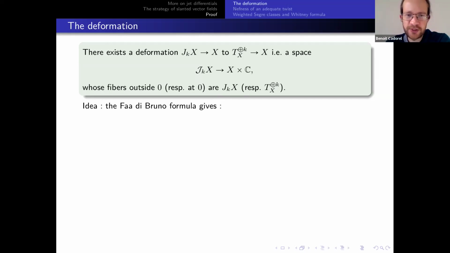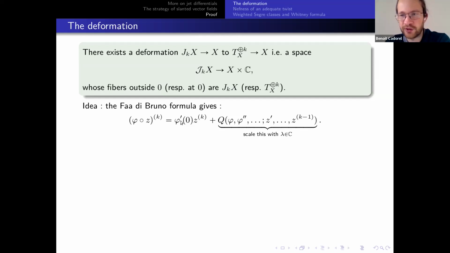And so the idea is simply that if you want to look at the change of coordinates for J_k above X, you have this Faà di Bruno formula, which tells you that the kth derivative of z composed with the change of coordinates looks like that. So you have first a derivative of phi. It should be a Jacobian matrix, of course, but let me write this quite quickly.